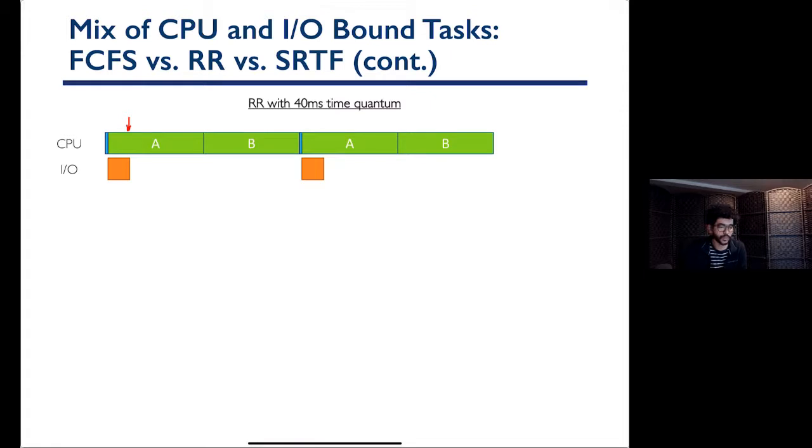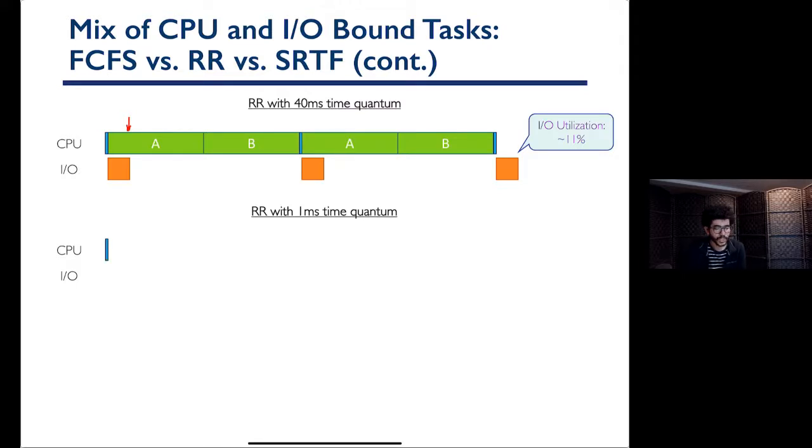It's going to run for 1 microsecond, go for I/O, come back. This is how it's going to look. Now, if you look at I/O utilization, it's about 11%. CPU utilization is 100%. Now let's look at round robin with 1 microsecond time quantum.